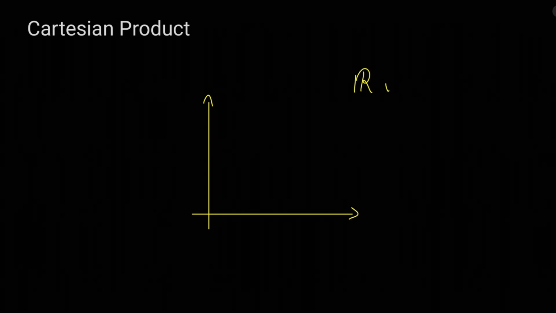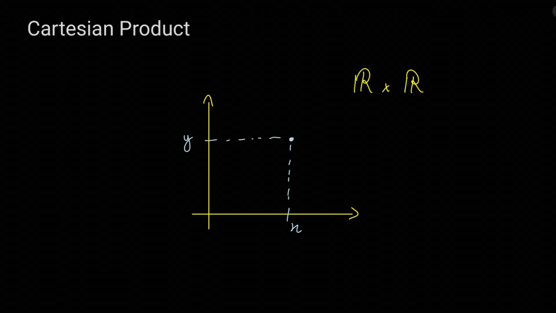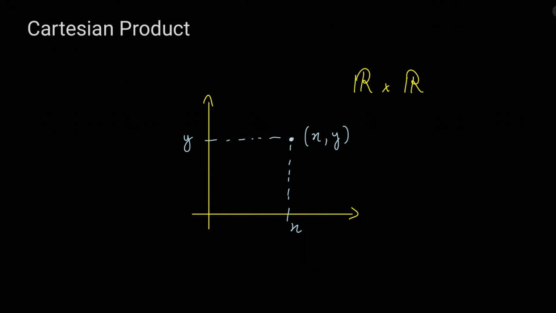First, the Cartesian plane itself is built from a Cartesian product. The set of all real pairs, which is R cross R, a Cartesian product, gives us the two-dimensional plane. Each ordered pair is a point on the plane. So without Cartesian products, we couldn't even define coordinate geometry.